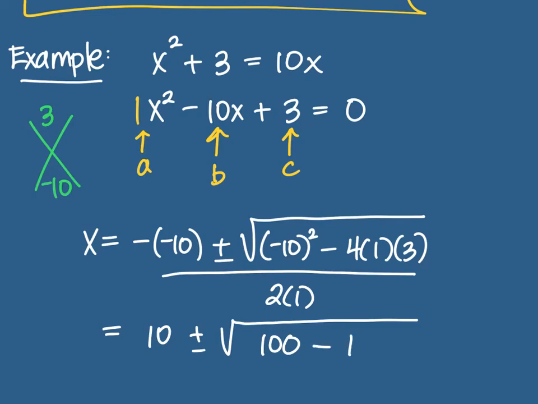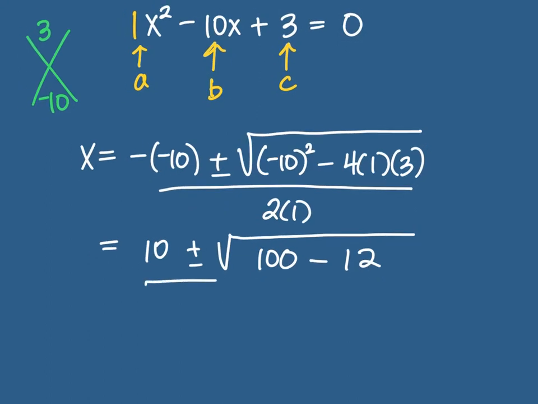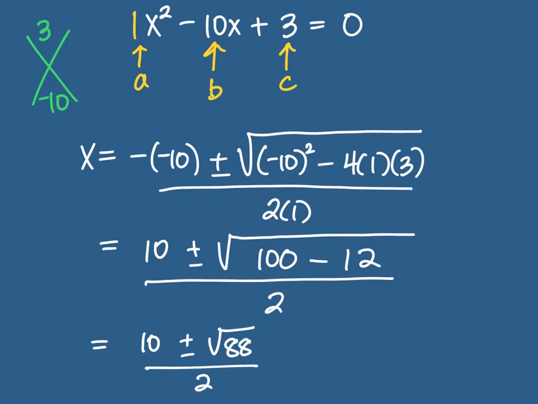Then minus 12, which is 4 times 3, and it's all over the number 2. When we simplify, we'll get 10 plus or minus the square root of how much? 88. All over 2. Now that should be simplified. 88 is not a perfect square. The closest perfect square to 88 is 81.